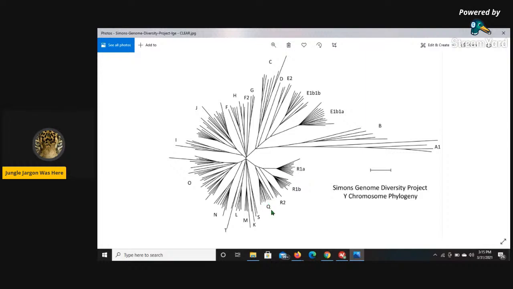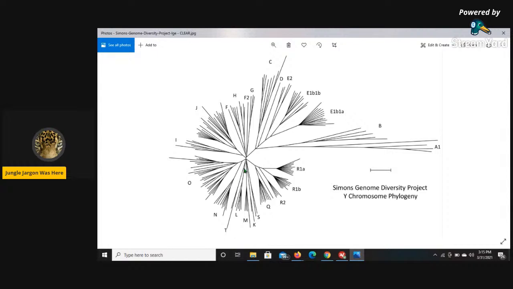So Q went all the way to the Americas, by the way. The American Indians are Q. R are the Europeans. It's the same family tree. And R actually went into the Americas the other way around as well. So what do we have left? We have the O and the N, which is one tree.